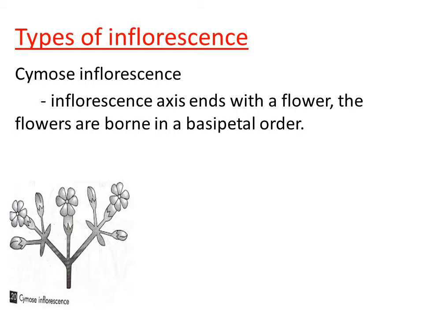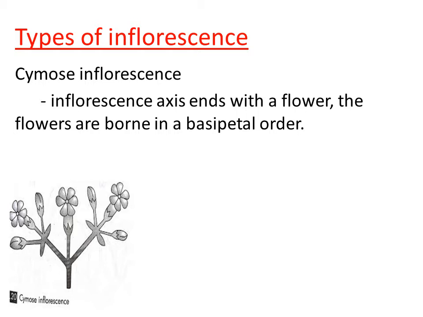Clear? So you have to remember the definition of these two types of inflorescence: cymose inflorescence, and the other one we have studied, racemose inflorescence. Then what is the plant example showing cymose inflorescence? Cymose inflorescence can be seen in the hibiscus plant, and we can also notice it in the jasmine plant.